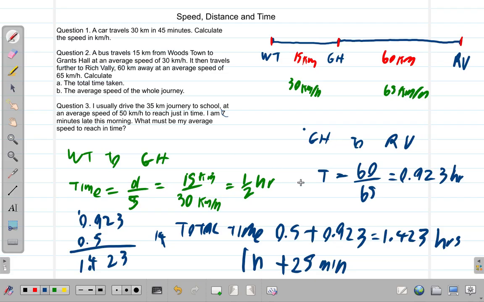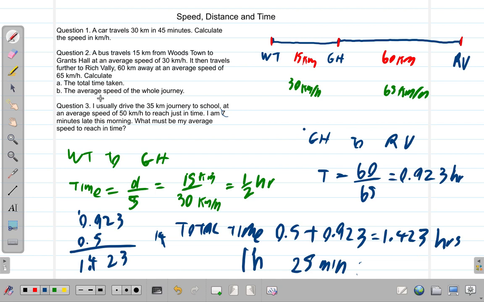So call it around 20 seconds, just to be approximate. So it is 1 hour, 25 minutes and 20 seconds. But of course, generally, we're not interested in the seconds. We're just approximating. So we can say it's 1 hour, 25 minutes is the total time. 1.423 hours, 1 hour, 25 minutes.